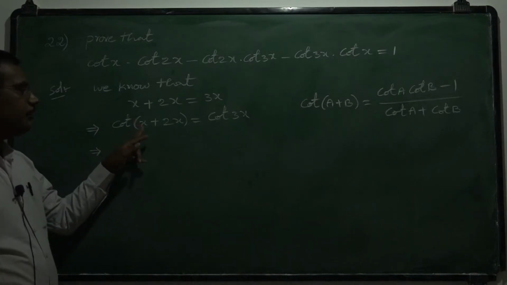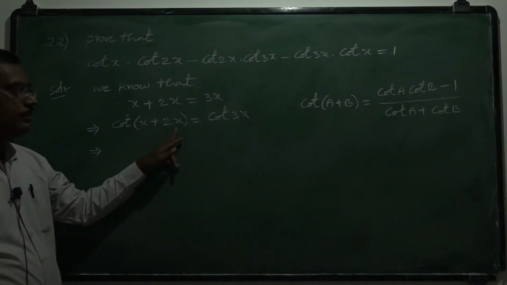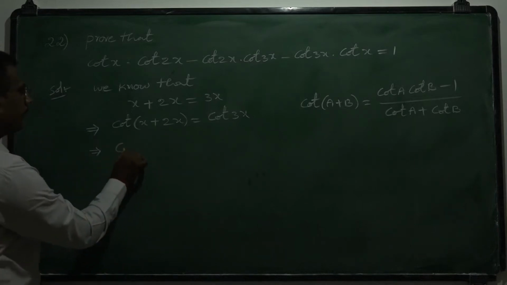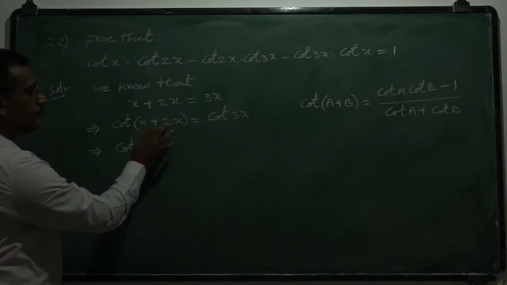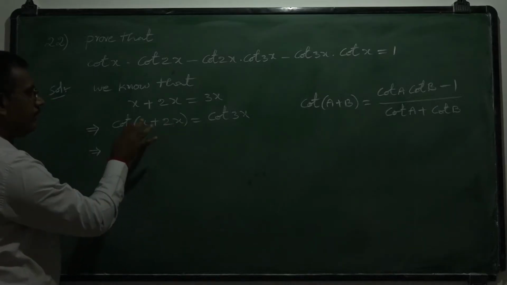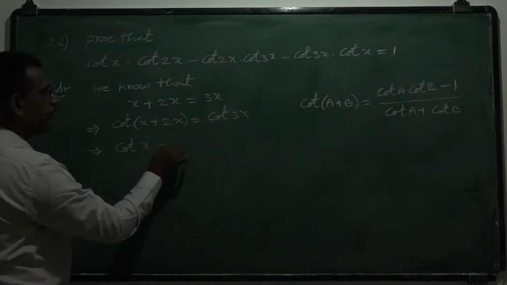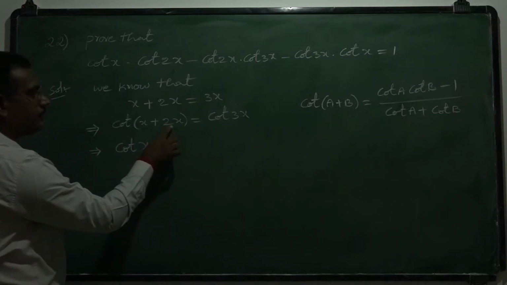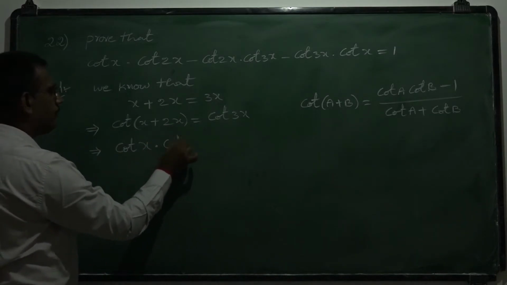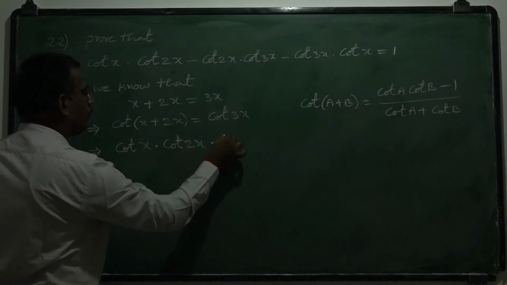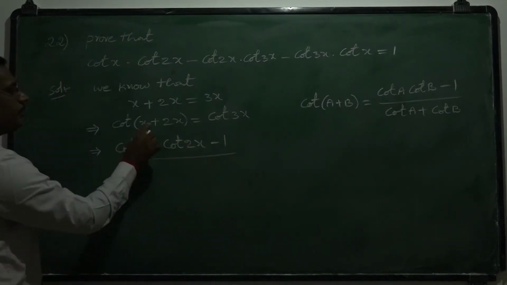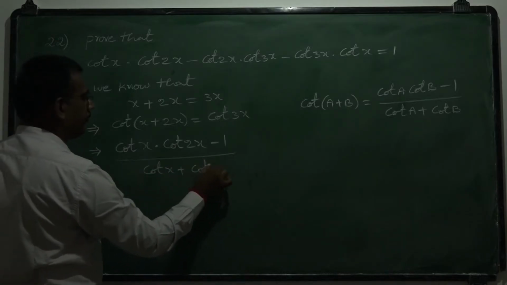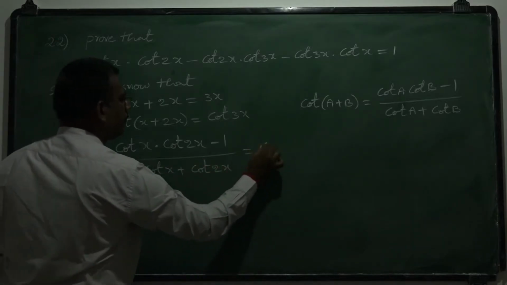So here a equal to x and b equal to 2x. Cot of a plus b is equal to cot a into cot b minus 1 by cot a plus cot b. Cot b is what? b is 2x. So cot x into cot 2x minus 1 by cot x plus cot 2x, that is equal to cot 3x.